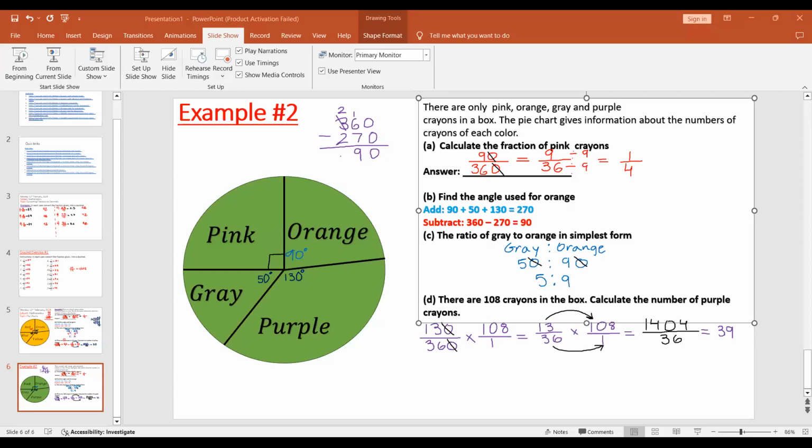Then you times that by 108 over 1. Then you times 13 times 108, which would be 1,404. Then you times 36 times 1, which would be 36. So then when you divide 1,404 by 36, your answer would be 39. Very good. Answer is 39.